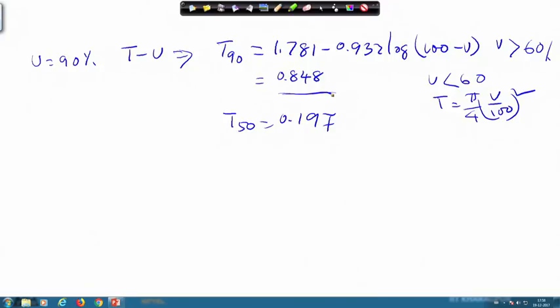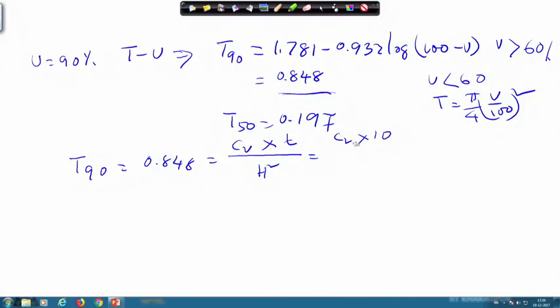So, since I know T 90, which is equal to 0.848, which will be equal to C V, the coefficient of consolidation of the soil, into time, which is 10 minutes here, divided by H square. So, C V into 10, and H here will be how much?